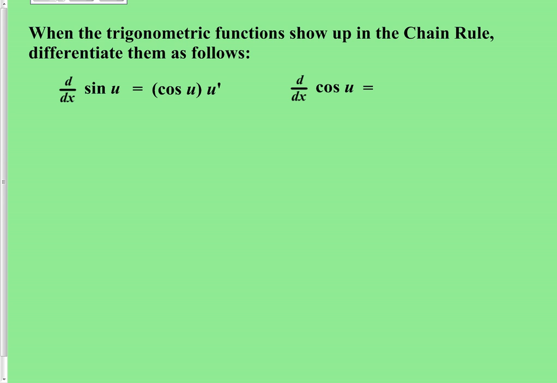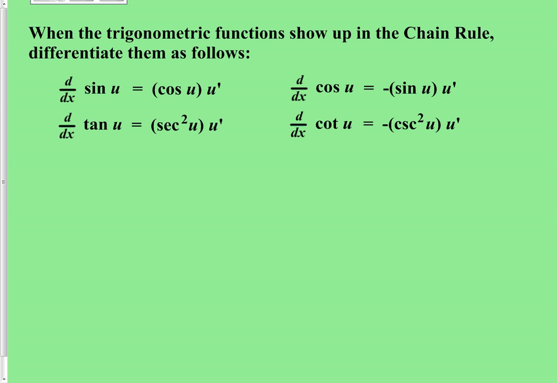The derivative of cosine is negative sine, but that also must be multiplied times the derivative of u. The derivative of tangent is secant squared, but the u must be differentiated as well. The derivative of cotangent is negative cosecant squared, and the derivative of u.